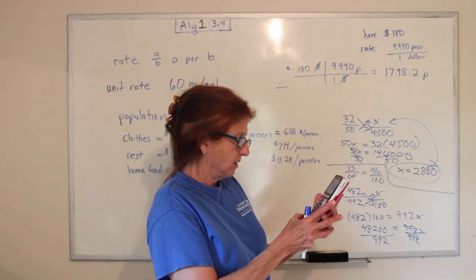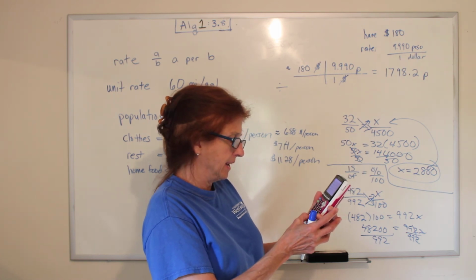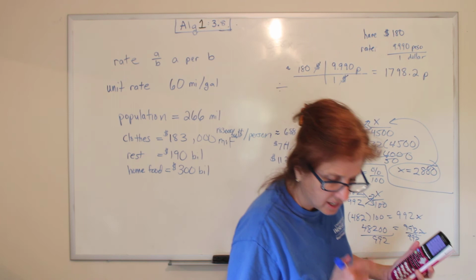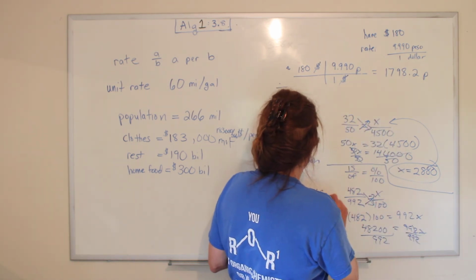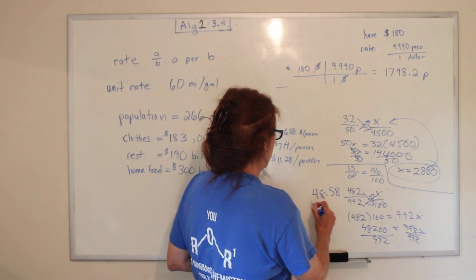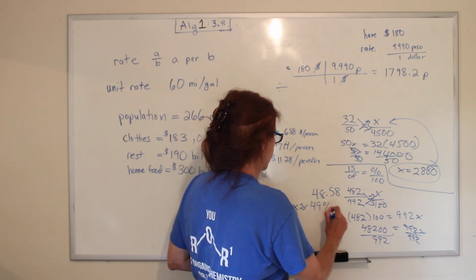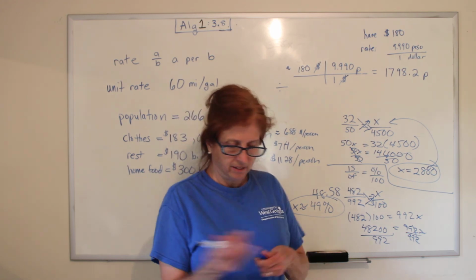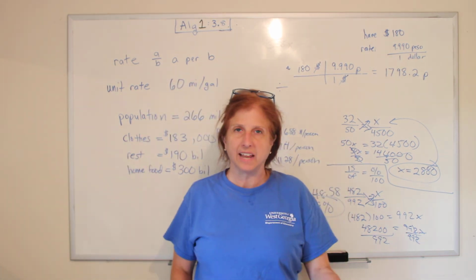So it's 48,200 divided by 992, and it's 48.58, we can round that up to approximately equal to 49%. I hope not. Half of 15-year-olds dating? I guess I'm an old fogey thinking that 15 is too young to date.